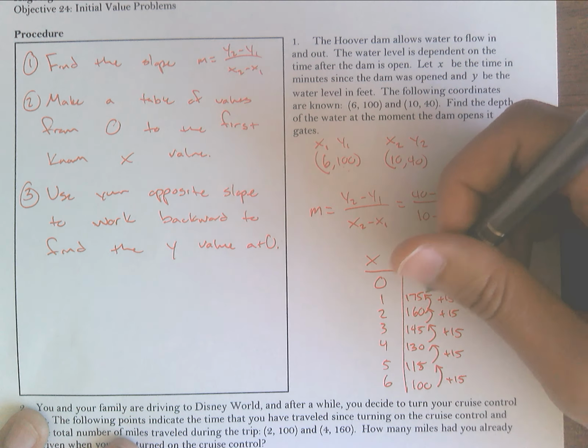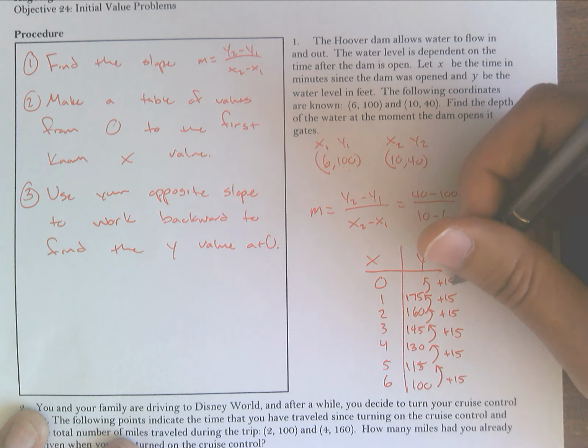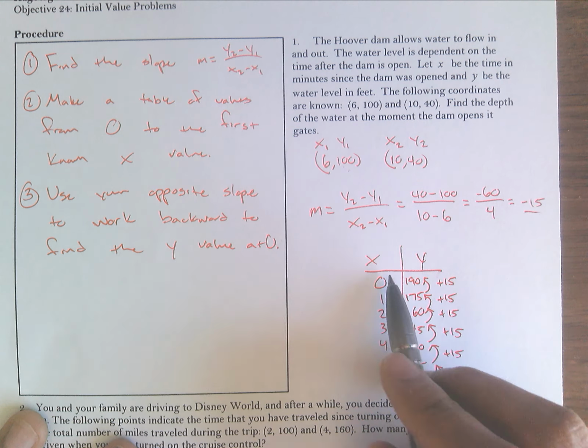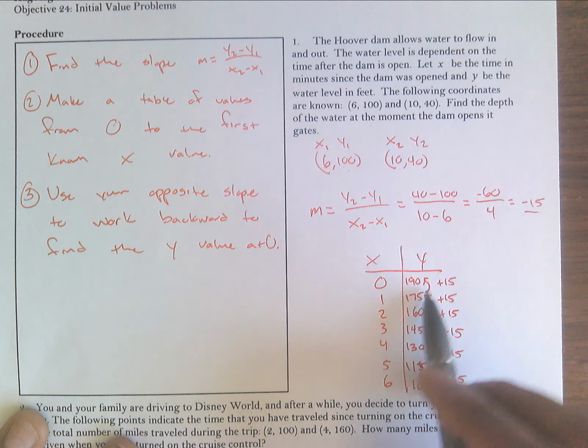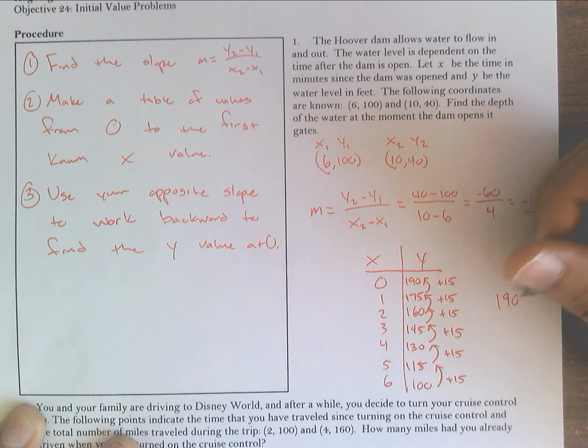And finally, at minute 0, as the dam opens, we're at 190. This tells us the height of the water level at each minute. So at the moment the dam opens, the height is 190 feet.